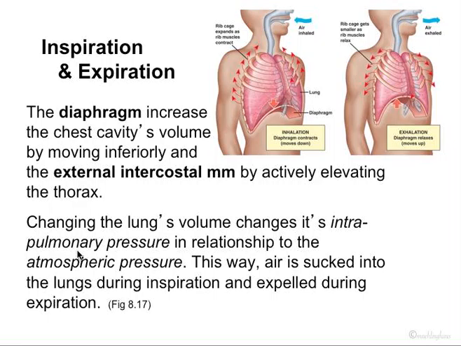And as soon as you open those passageways, which are always open, hopefully, the air just flows in passively because it wants to flow from a higher pressure area to a lower pressure area. Again, with passive movement, it always wants to go from a higher concentration of something to a lower concentration of something. So that's what you have right there. That's the complicated way of explaining that.